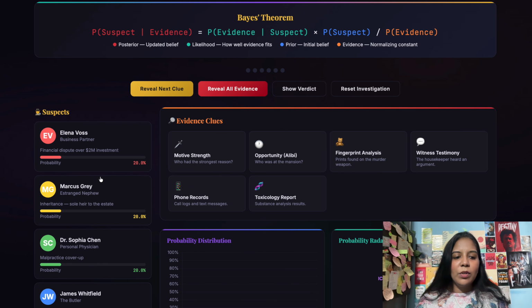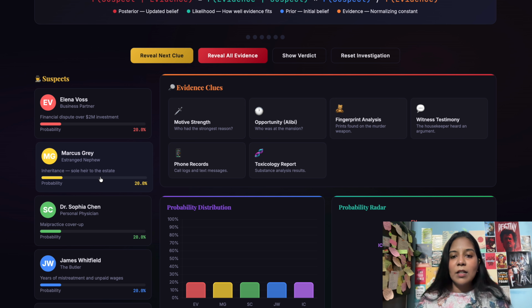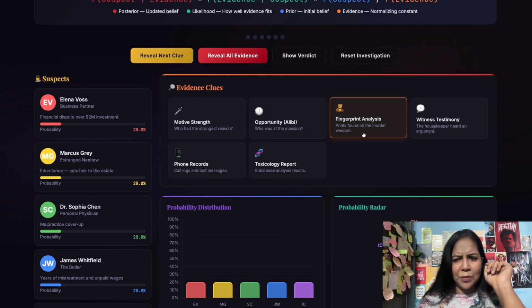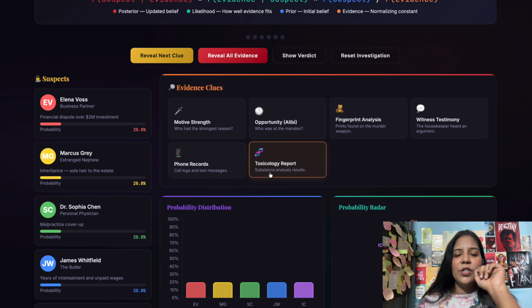We have around five suspects so far, and the evidence classes that we have are motive and alibi, I mean, who were there in the mansion, accessibility and fingerprints, witness testimony, I mean, based on their arguments or the conversation, phone records, and the toxicology report, which is nothing but the food consumed, whether it is poisoned or not.